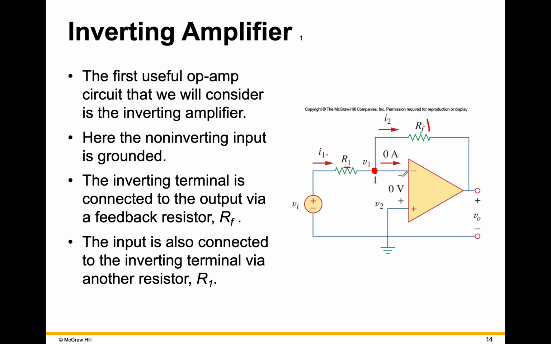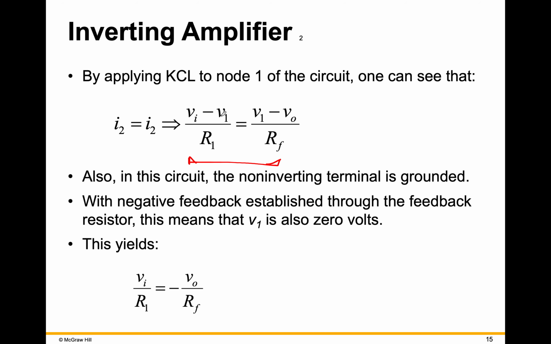But remember, there's 0 volts between V1 and V2 because this is ideal and V2 is grounded. So V1 is going to equal 0, which means that in both of these expressions, V1 goes to 0, so we can get rid of that. And then we have V_I over R1 is minus V out over RF. So that's what we have here.